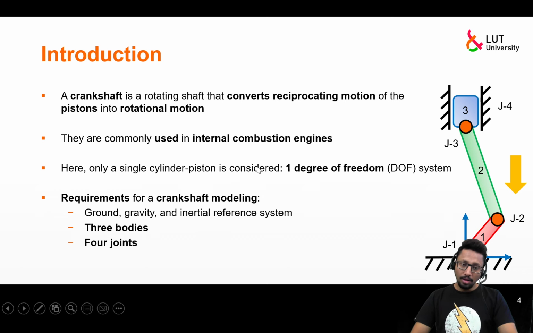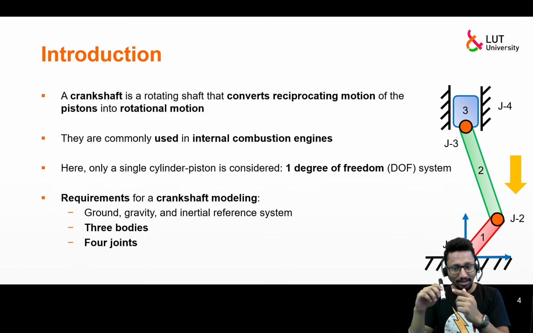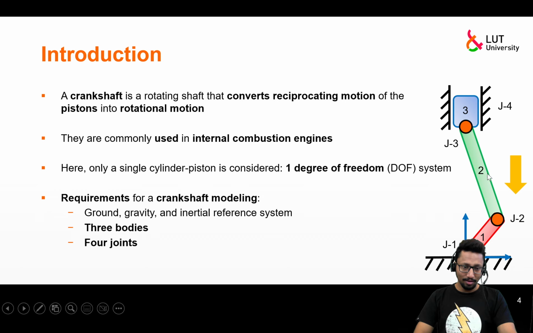Now, if you try to calculate the same degree of freedom in 3 dimensions, you will realize that in space, in order to define any body, you need 6 coordinates, 3 translational and 3 rotational. So three bodies will have 18 coordinates.